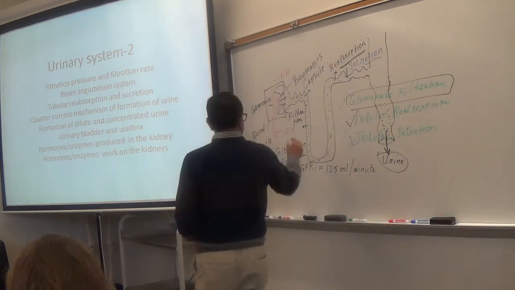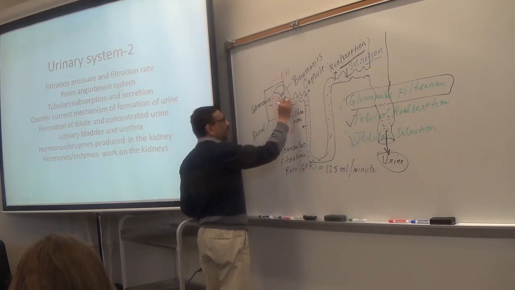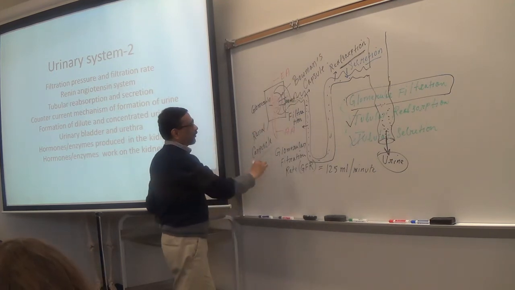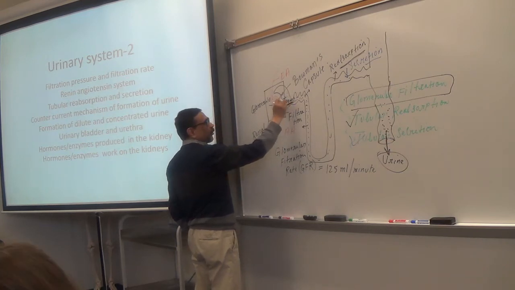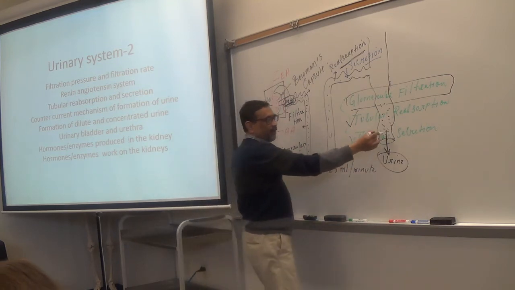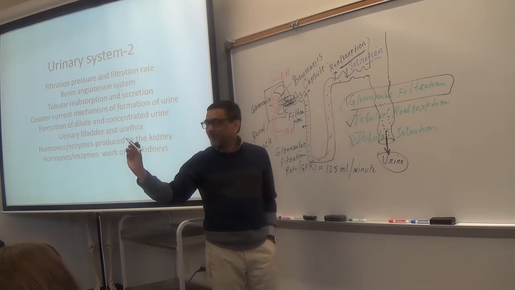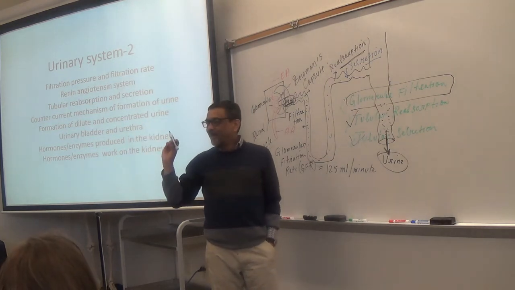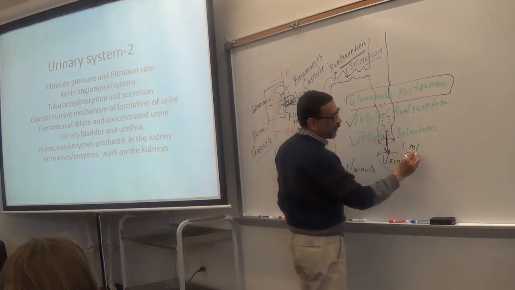Now, if 100 milliliter of filtration is here at the beginning of the nephron, 100 milliliter of fluid is here, when finally it gets out, the volume becomes very small, only 1 milliliter.